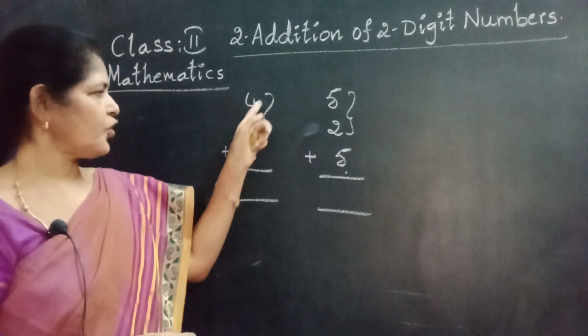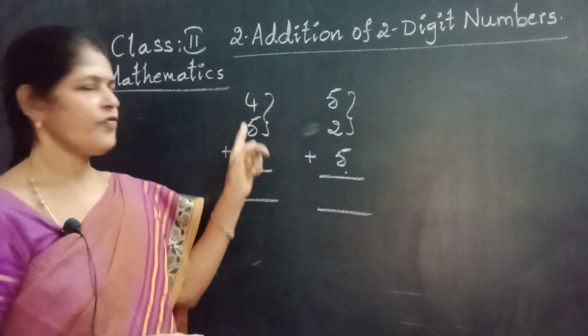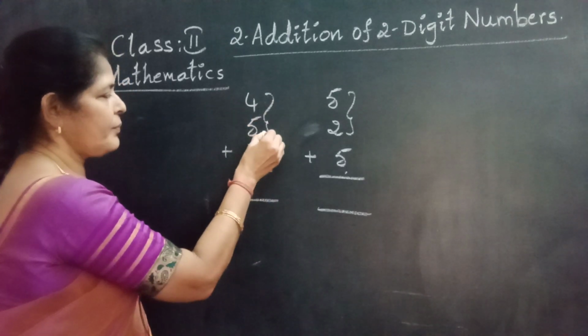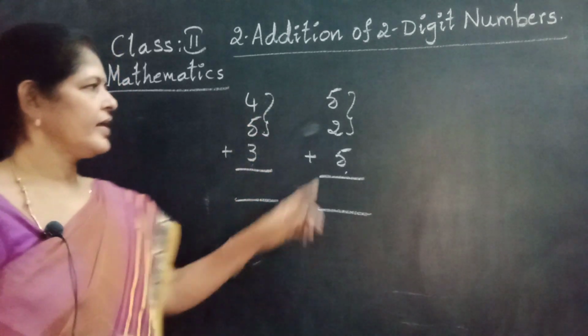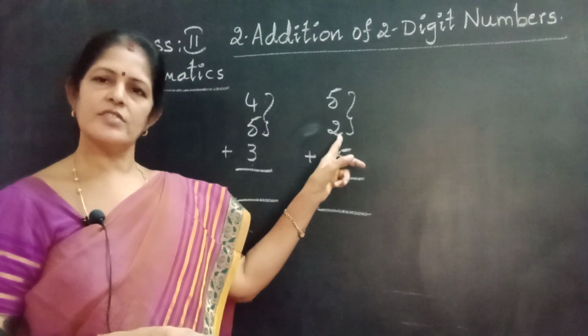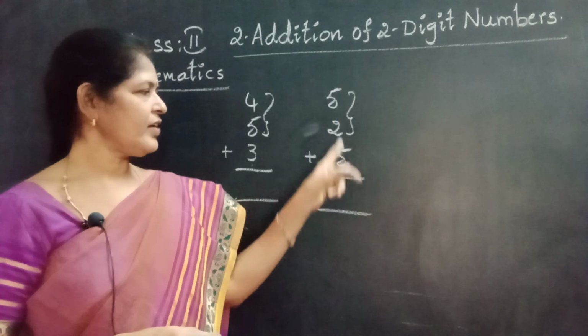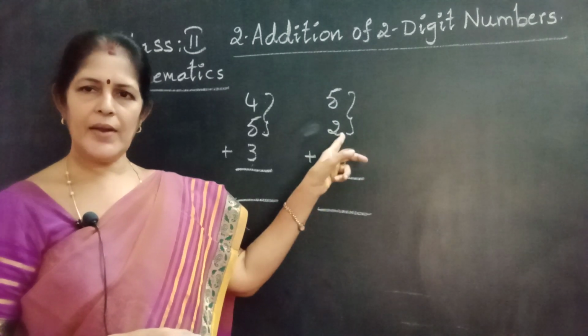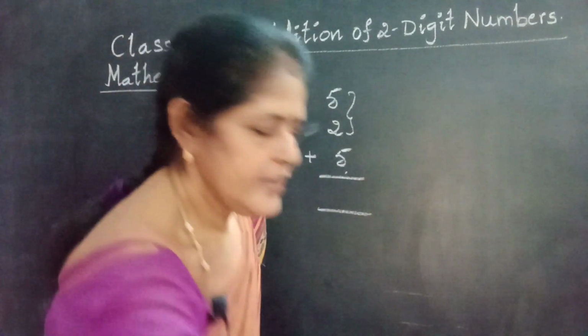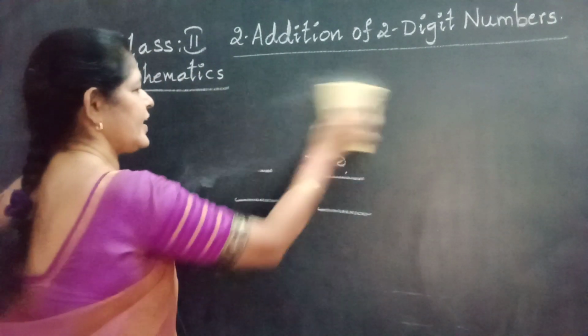Here there is no chance: 4 plus 3, 5 plus 3 or 4 plus 5, no 10. That's why we add these two numbers and then go to the third number. Here 5 and 5 make 10. 10 and 2, 12. This is the easy way. This is single-digit numbers, 3 lines.